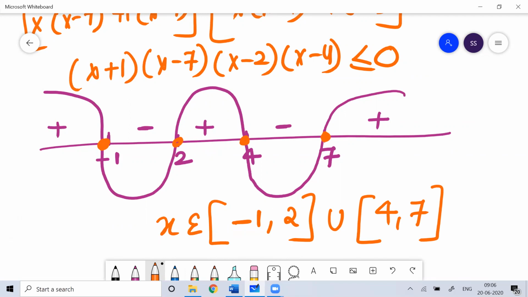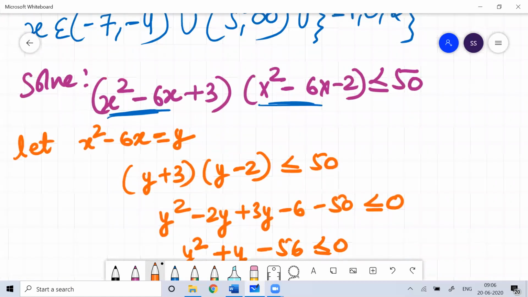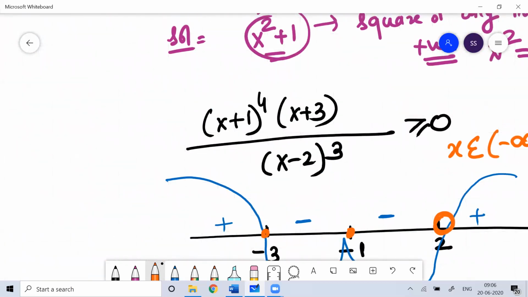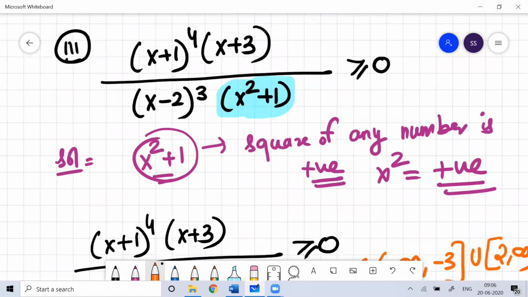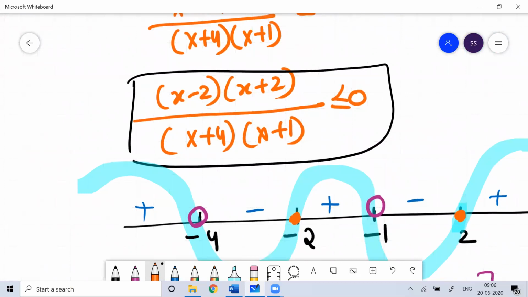I hope this is what I thought to do on inequalities for your class. I hope you have understood working on inequalities. Solving problems on inequalities is not at all difficult. If you have a basic understanding, you can easily solve the problem.